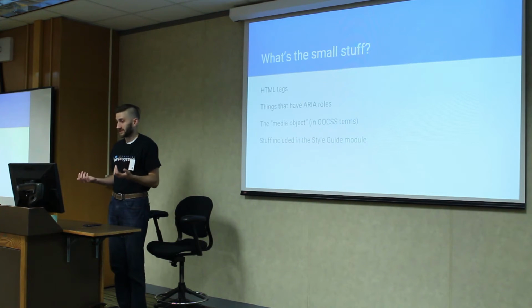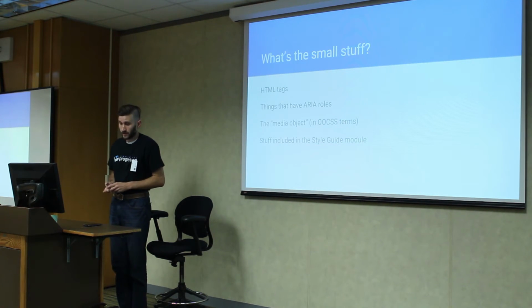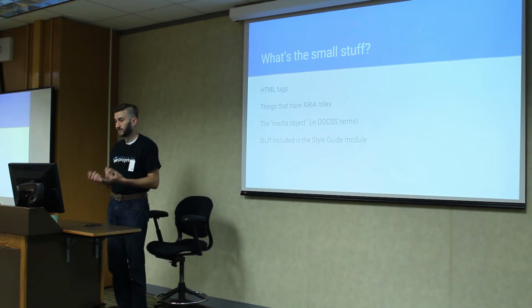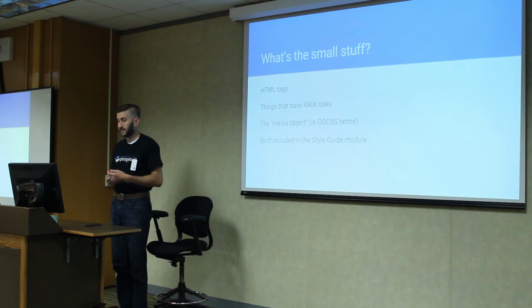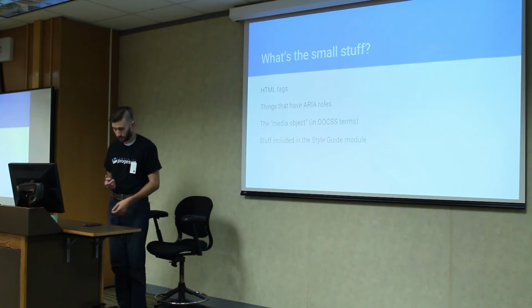Almost every node is that. So the media object is a great single piece to style early. And if you've used the style guide module, it covers these first three things, and it covers very Drupal-specific implementations of those things. So you can use the style guide module as a theming tool for that.